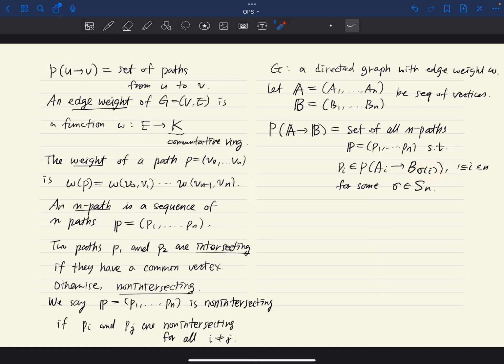In this case, we define the sign of the n-path to be the sign of the permutation sigma. This tells us how we permute the ending points. And the weight of the n-path is the product of the weights of all paths.